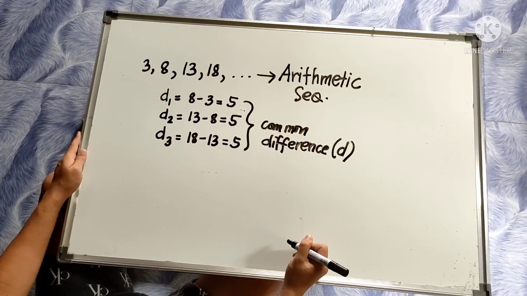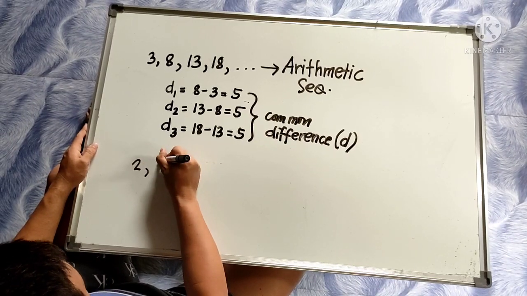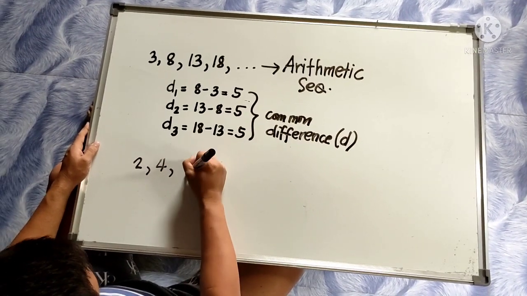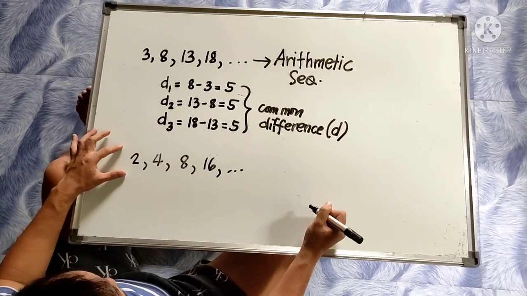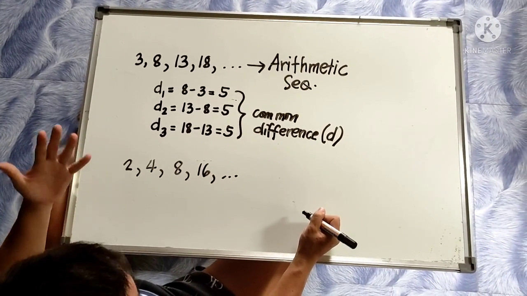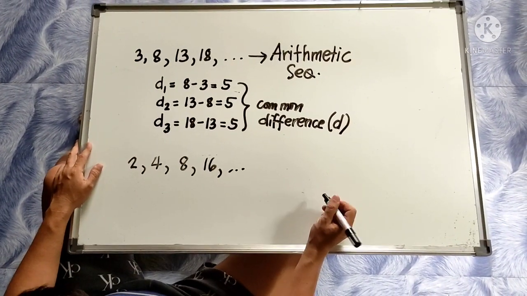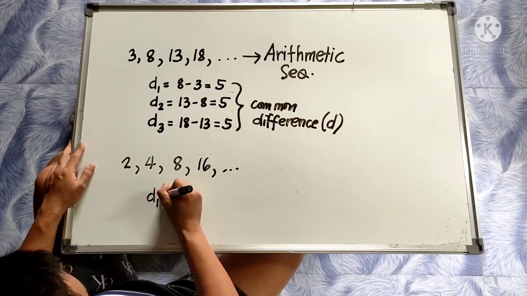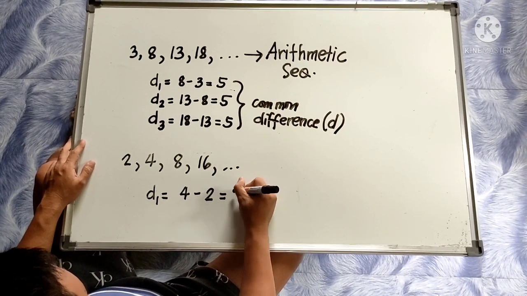Now let's have another example. Another infinite sequence. Let's find out if this sequence is also an arithmetic sequence. Let's solve for the first difference. 4 minus 2 is 2.